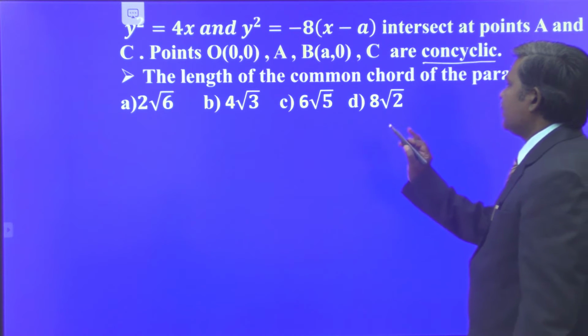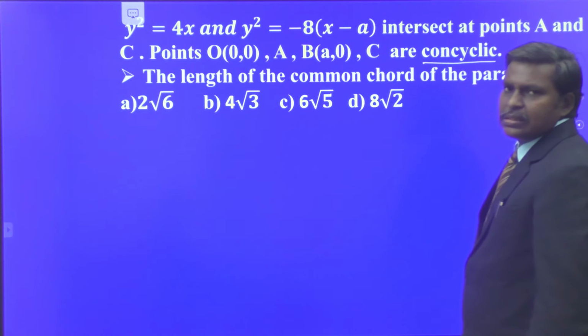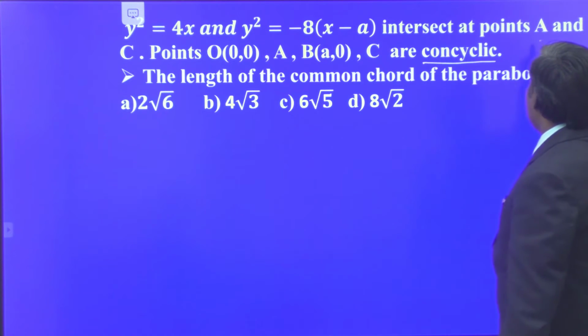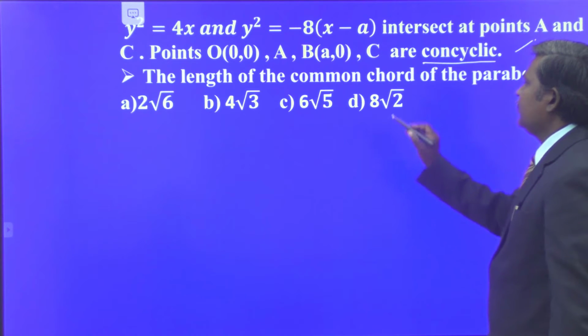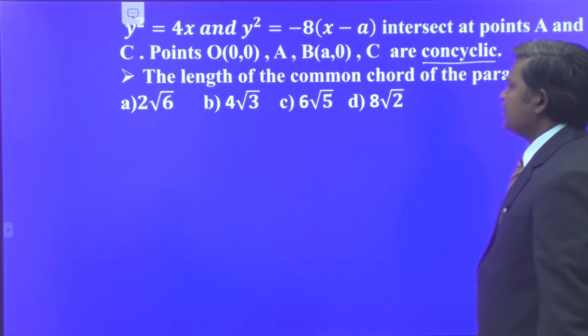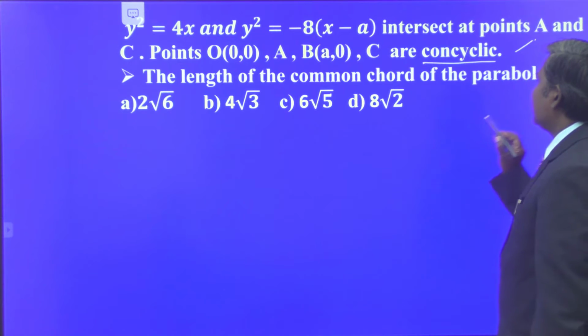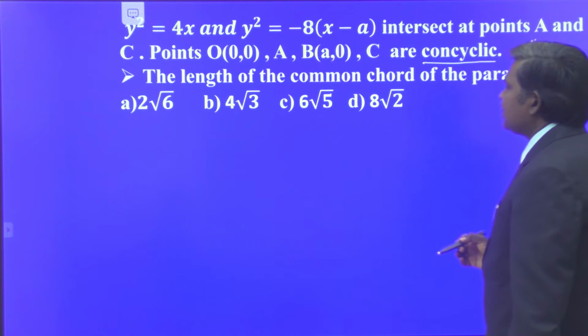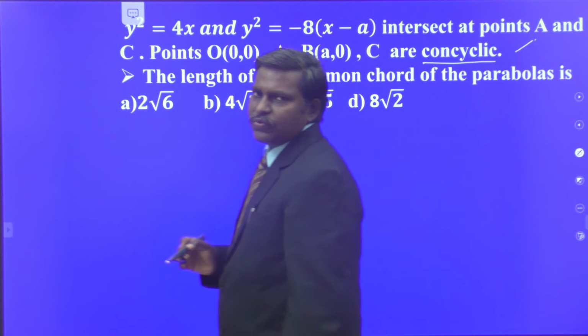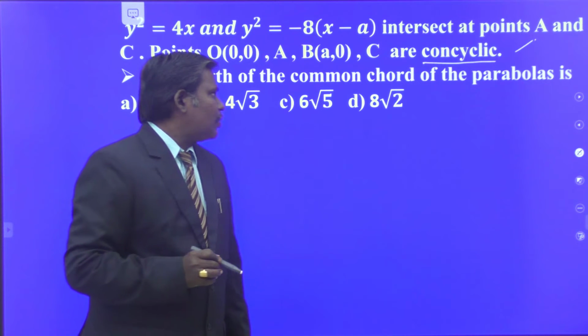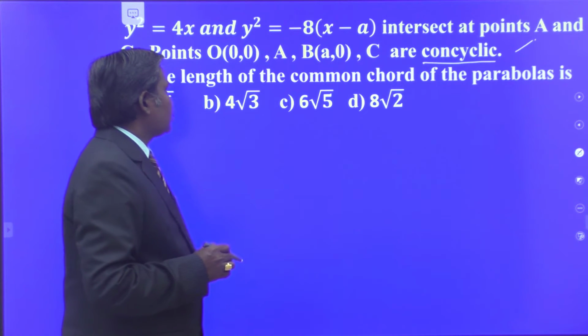Okay, leave that one. With the help of this concept, that is the linked paragraph, you have to crack the following questions. The first one is: the length of the common chord of the parabolas is what? You have to find out the length of the common chord of the two parabolas.